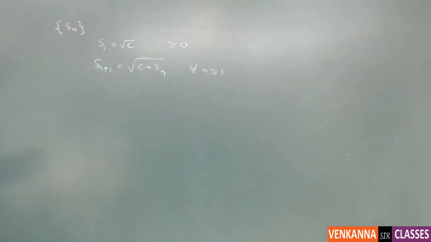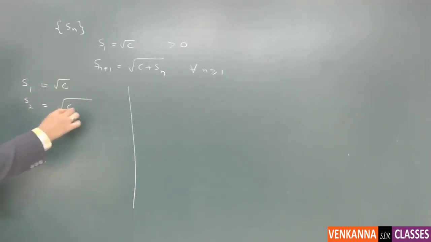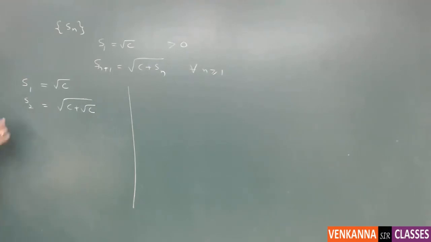Now, how to prove this? Let us go with the monotoneness, that we have S1 is equal to root C and S2 is equal to root of C plus root C. Accepted? Yeah. So my concept is I have to show S1 is less than S2.